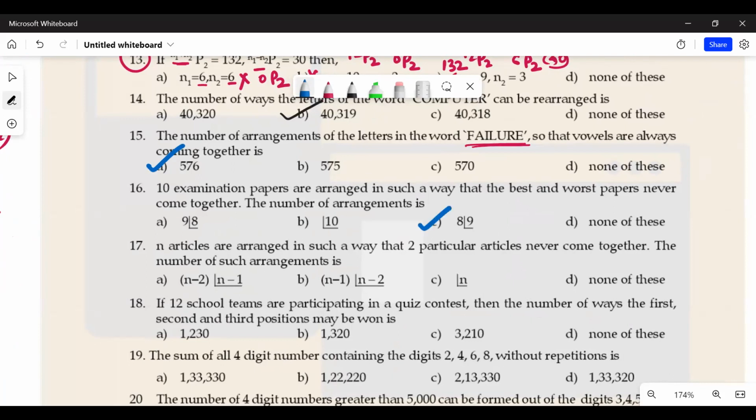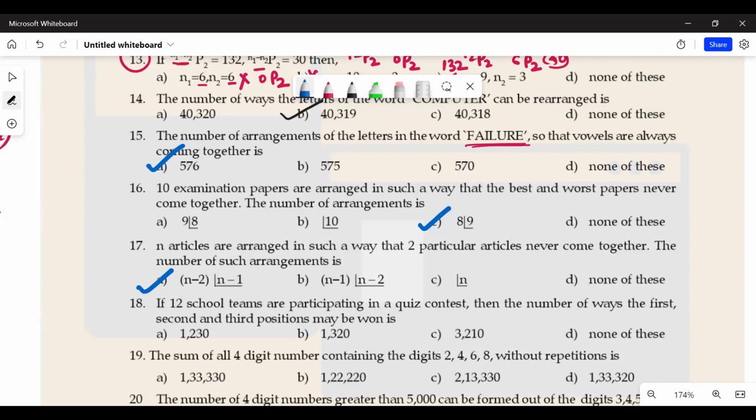This answer would be option C. 17th one would be option A. Clear?